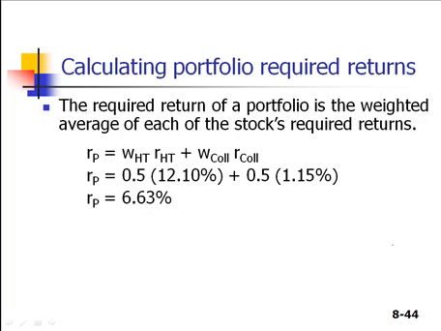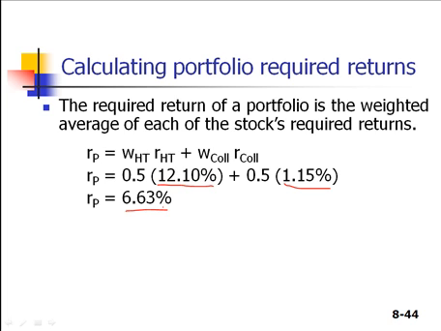So if we wanted to just go back here and take a weighted average of those two, here's the 12.1%, here's the 1.15%, and we want to multiply each of those by 0.5. Since those are the weights, you got half your money in each one, then you would get 6.63%. It's the weighted average of the two. That would be the portfolio's required return.